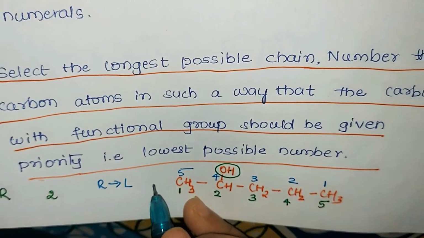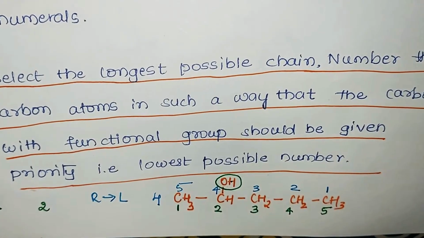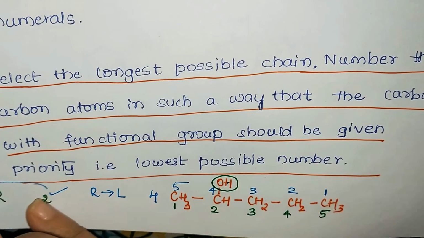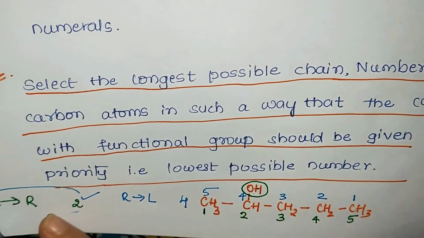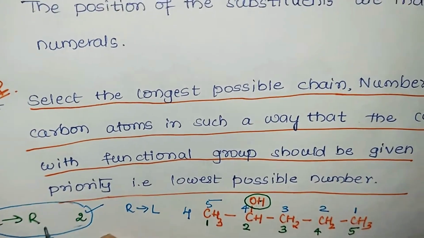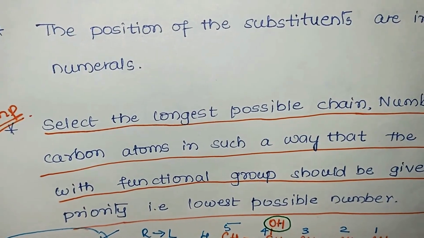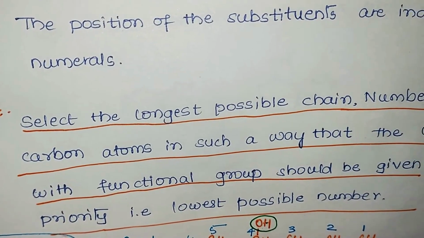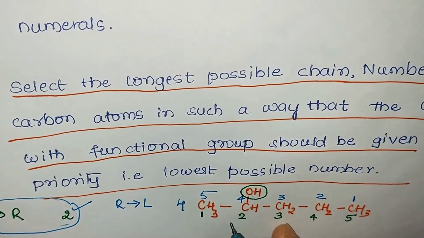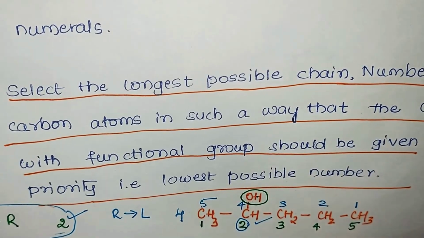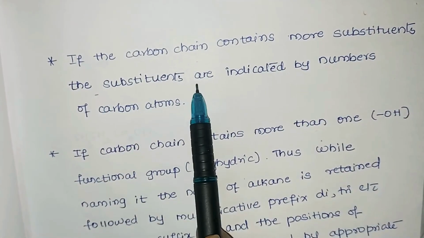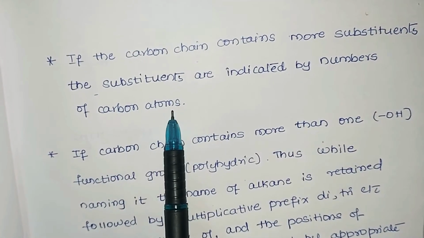So from left to right it occupies position 2, which is the smallest, and from right to left it occupies position 4, which is greater. We follow the lowest possible number, so 2 is the correct position for our functional group.